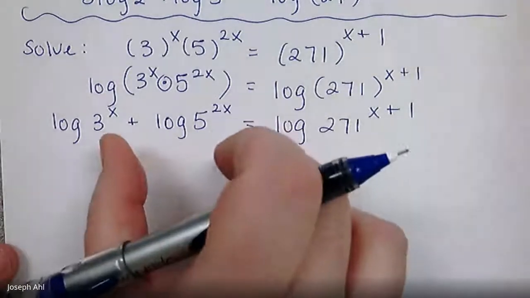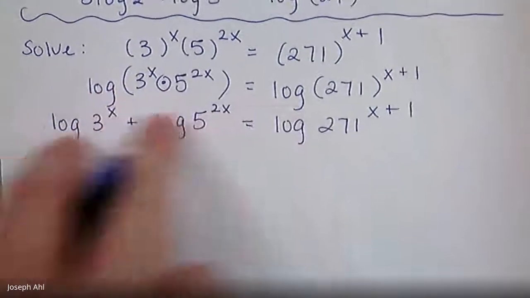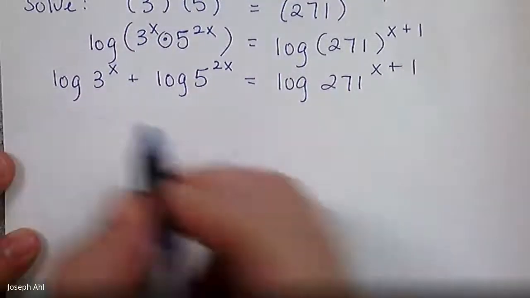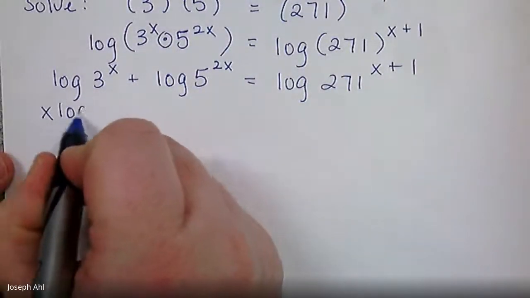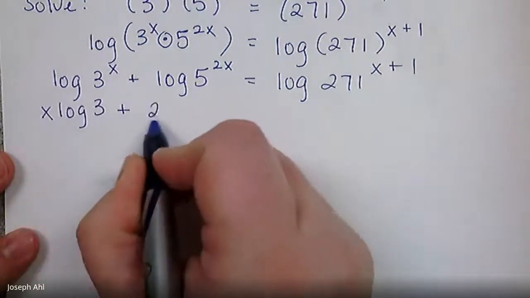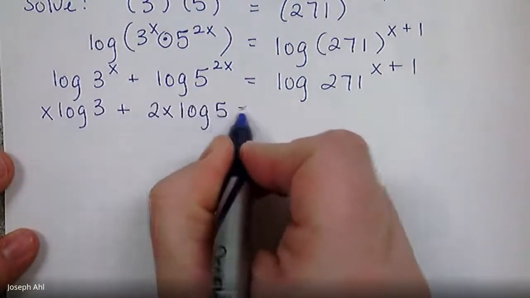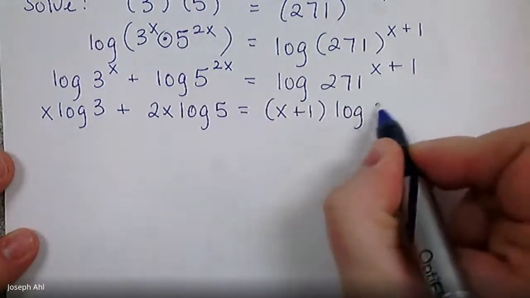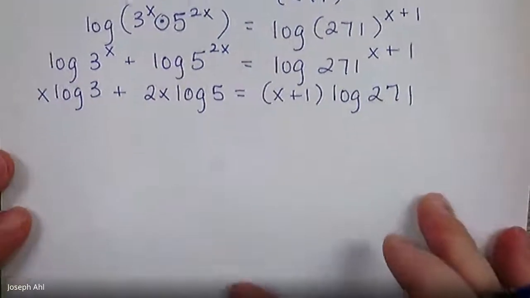Okay, now in that same step, could you have also brought the exponents down? Sure, I'm just doing it in 2 steps here, just to really make sure that we're okay with that step. But it's now x log 3 plus 2x log 5 equals, bring that binomial x plus 1 out front, and that's in front of log 271.